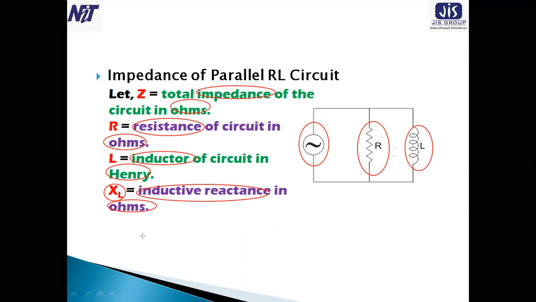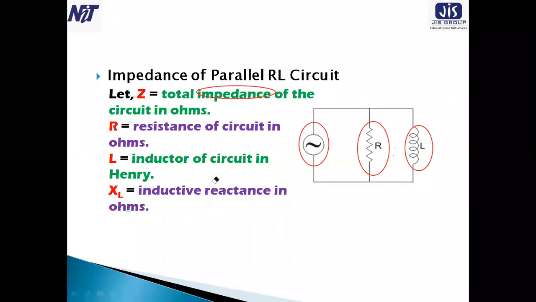L is the inductor of the circuit in Henry, represented with L. Resistor is represented by capital R, impedance by Z, and XL is the inductive reactance. So this is the circuit where an AC voltage source is connected, and with that, a resistor and inductor are also connected in parallel. This type of circuit we can say is a parallel RL circuit.